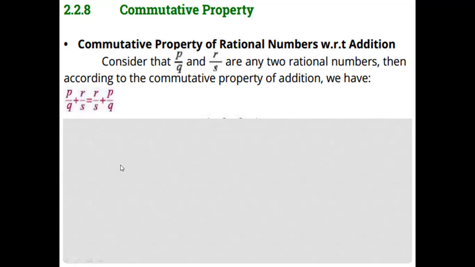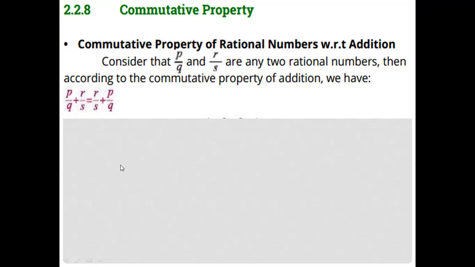It is just like the commutative property which you studied for union and intersection. For union and intersection, you already checked that if on the left hand side A union B, on the right hand side if you take B union A, both will give you the same result. Here the same property, but for the rational numbers, and in place of union you have addition.